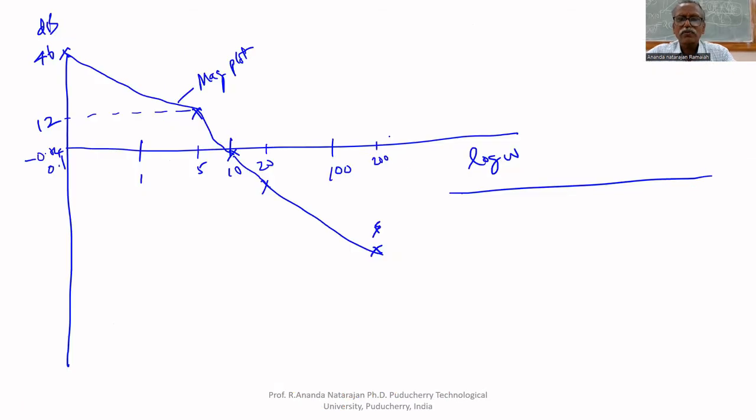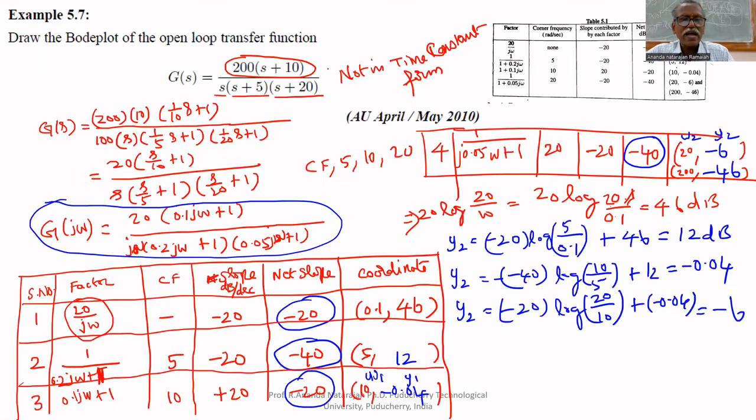So angle of G of j omega equal to, there is no angle for 20. Angle for 20 is 0 because only real part.